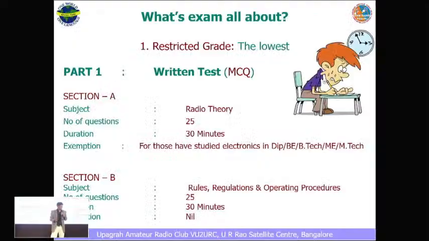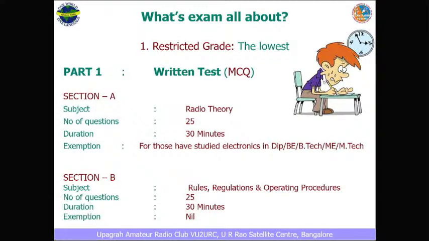For the restricted grade, there is only one part, with section A and section B. Section A is the radio theory, and section B is the rules and regulations. That means those who aspire to become a ham have to learn the basics and fundamentals of electronics. Not a detailed study, just a basic understanding.